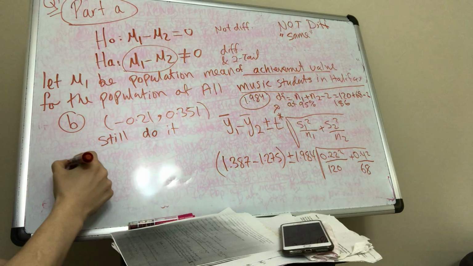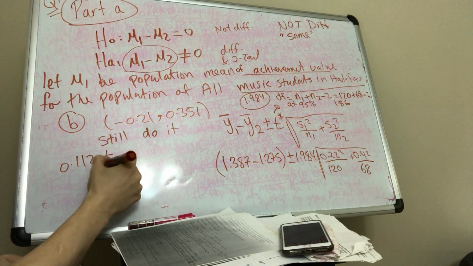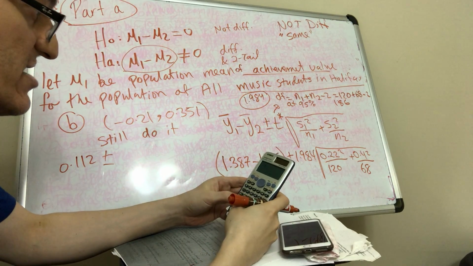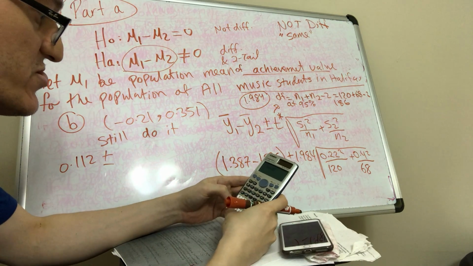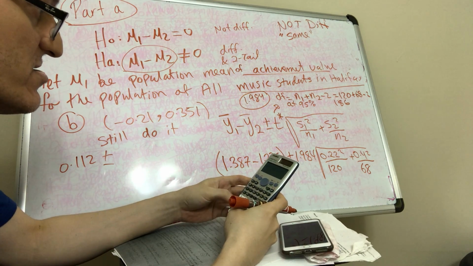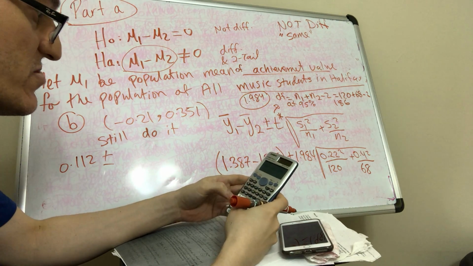Just this part is 112, plus or minus, now we do this part: 1.984 times the square root of 0.22 squared over 120, plus 0.4 squared over 68.